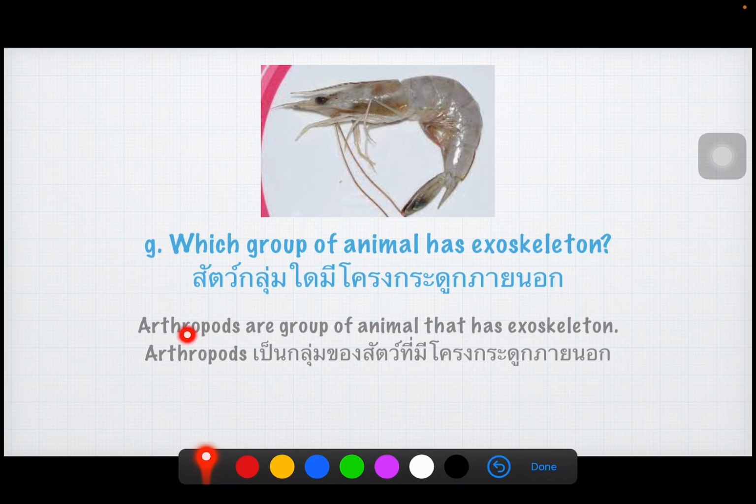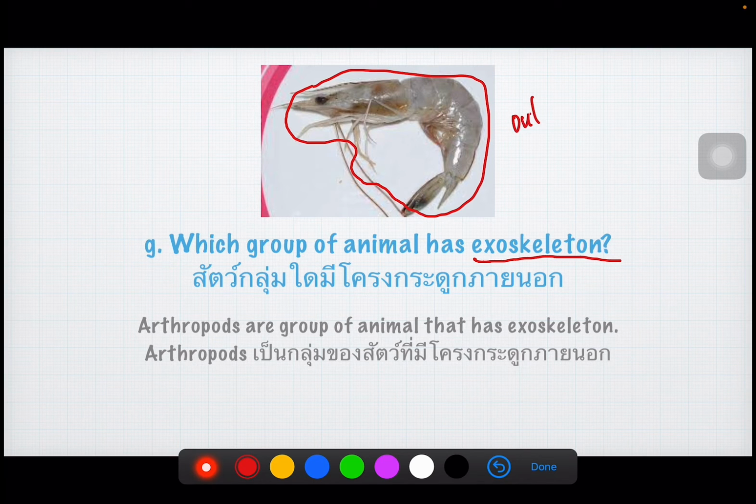Again, arthropods are a group of animals that have an exoskeleton. Exoskeleton means there is an outside skeleton.